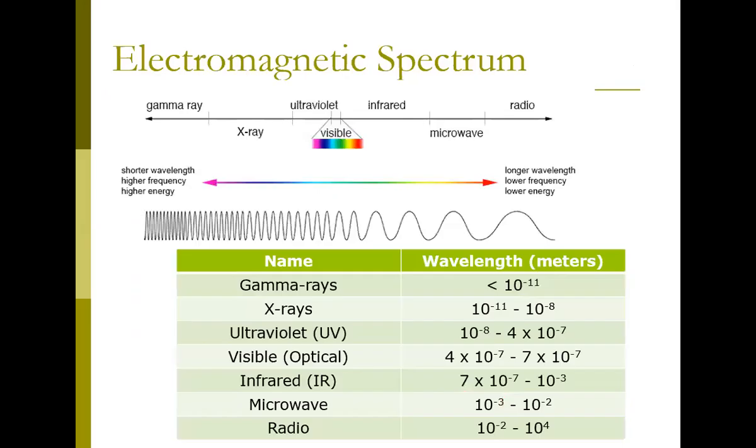You can also see it from the next figure. There are gamma rays, ultraviolet rays, infrared waves, microwaves, radio waves. Gamma rays have this wavelength, X rays have this wavelength, and you can check that radio waves have wavelength between 10 raised to power minus 2 to 10 raised to power.